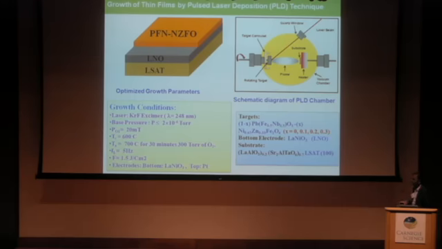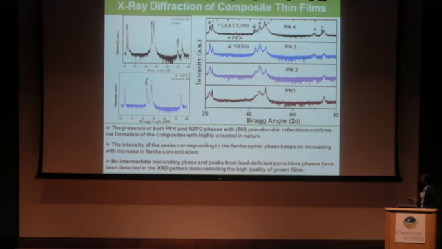The laser frequency was 5 Hz, and the fluence was 1.5 joule per centimeter square. The bottom electrode is lanthanum nickelate, and for the electrical characterization, we have made the top electrode platinum.